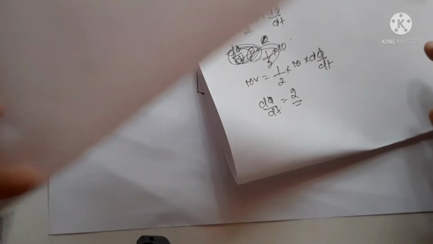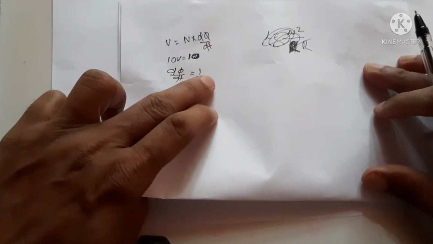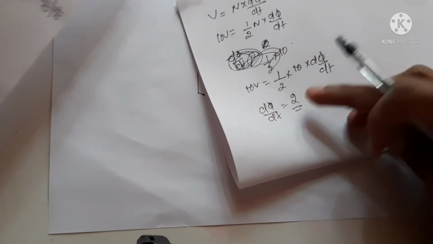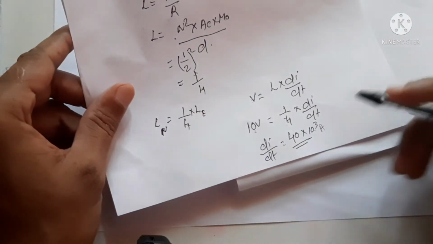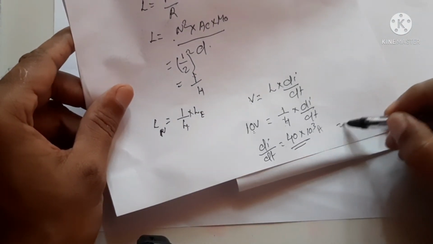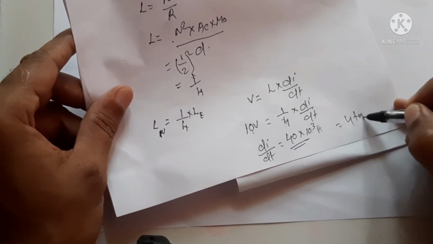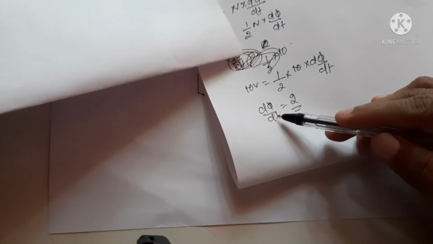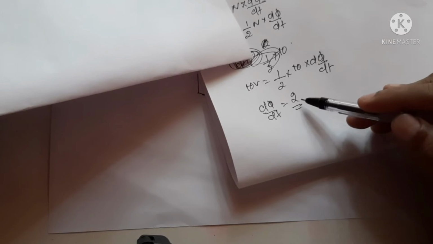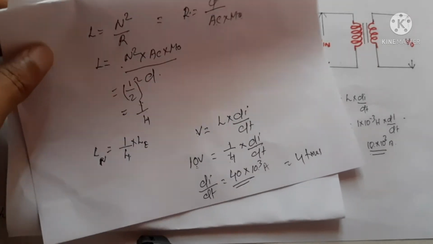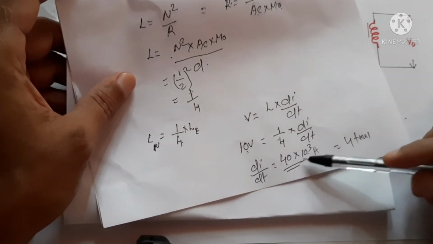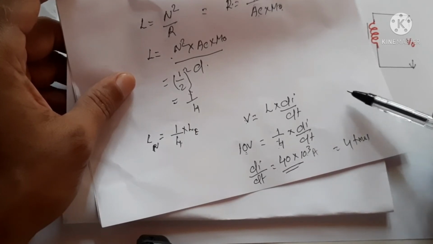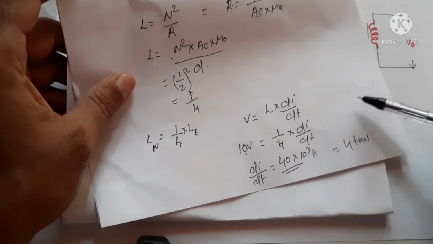Earlier d phi by dt was 1 Weber per meter, now it has increased to 2, but the change in current has increased to 4 times. The change in current has increased to 4 times, but the rate of change of flux is increased only to 2 times. Even if the current is increased 4 times, we only have to increase the core size 2 times, not 4 times.